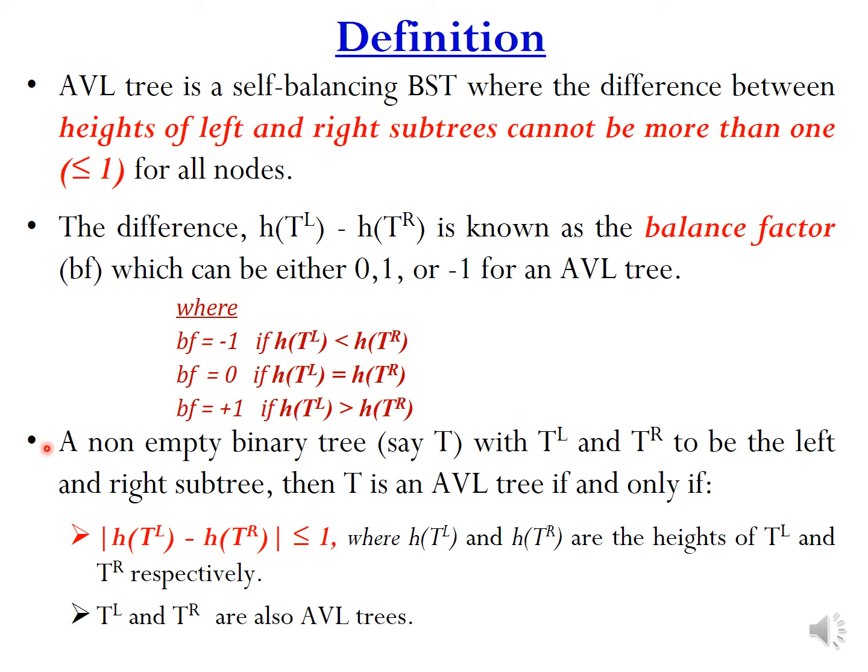So take a non-empty binary tree, let us say T, with TL and TR as the left and right subtrees.